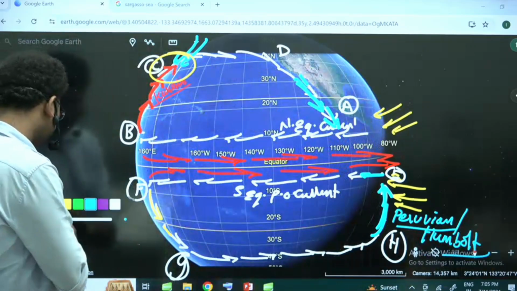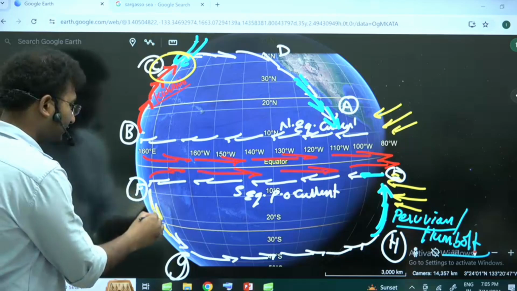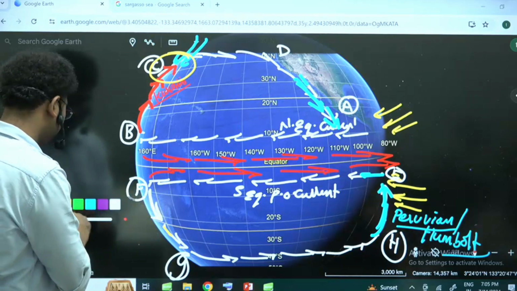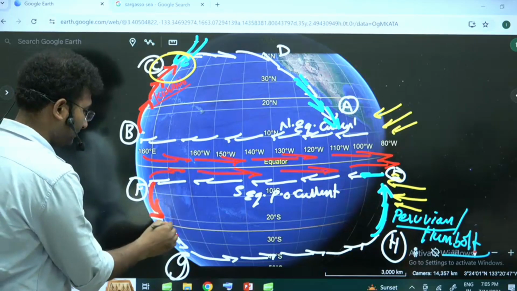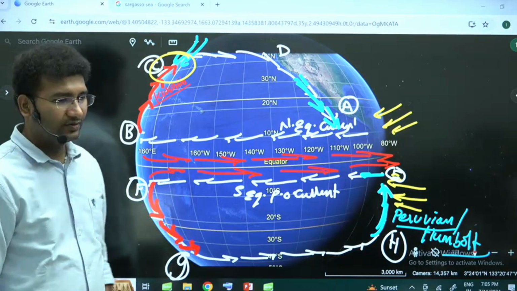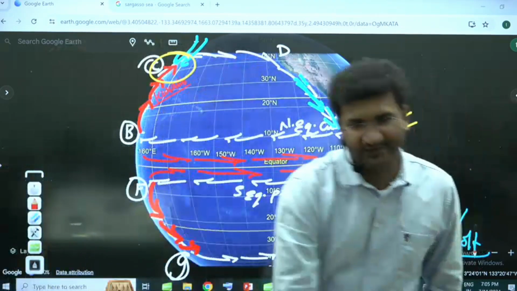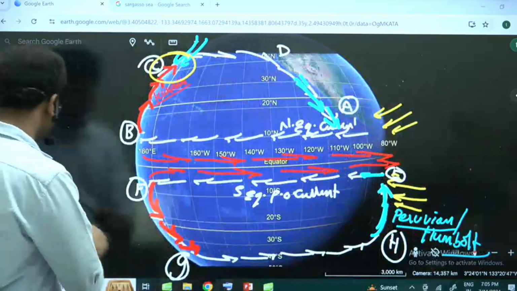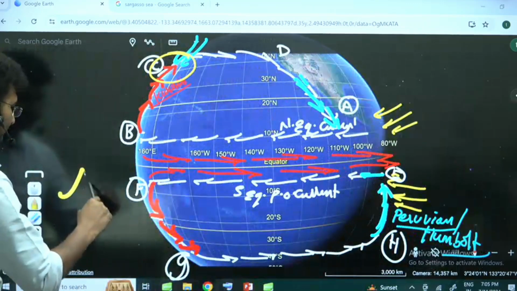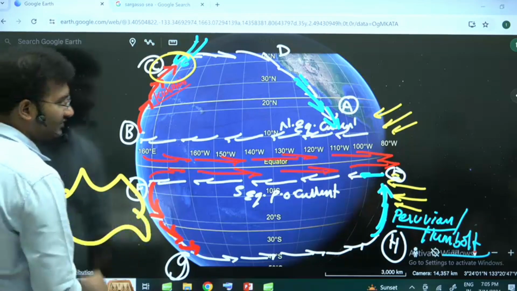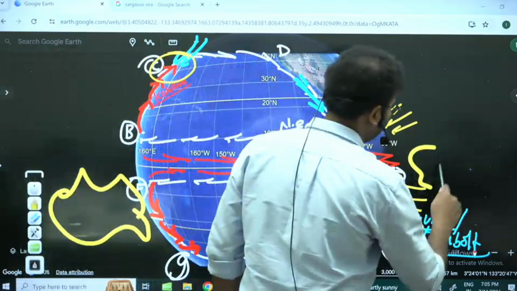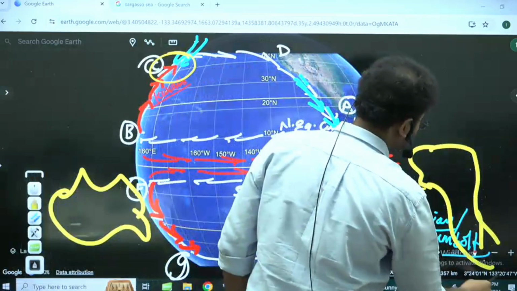Next. What is the name of this current? Yes, it is on the eastern side of Australia because your Australia is here. This is your Australia and this is your South America, right?